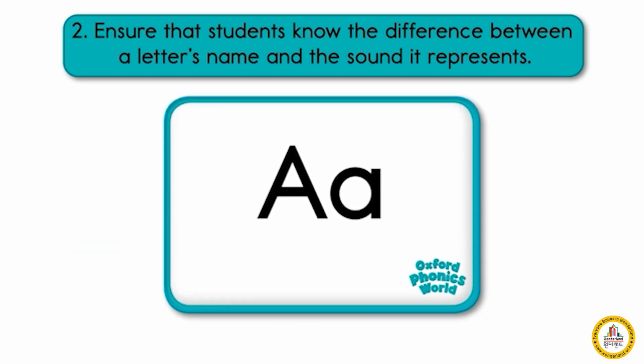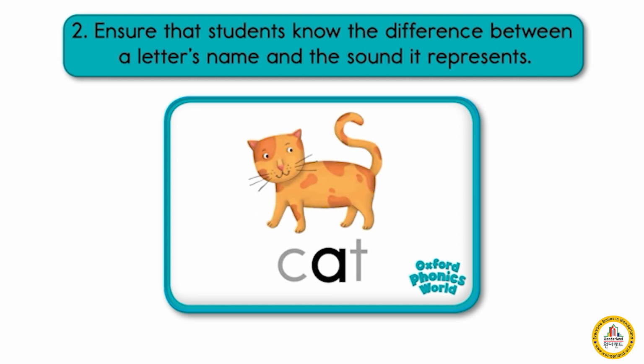Hold up a flashcard for the letter A and explain that the letter's name is A. When students see this letter, they can use its name to identify it. However, when this letter appears in a word, it speaks to its letter friends by saying A. We can summarize the point with the phrase, the letter A says A.